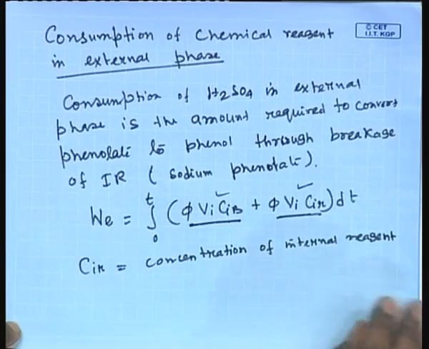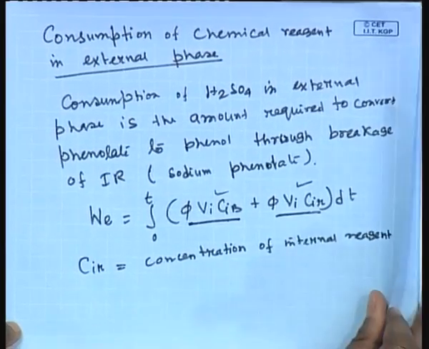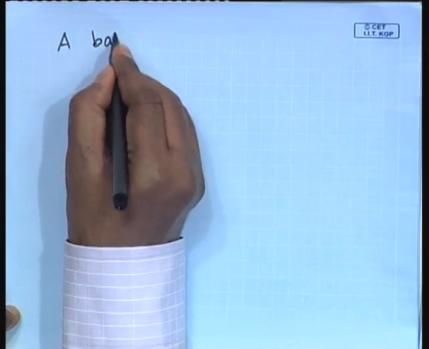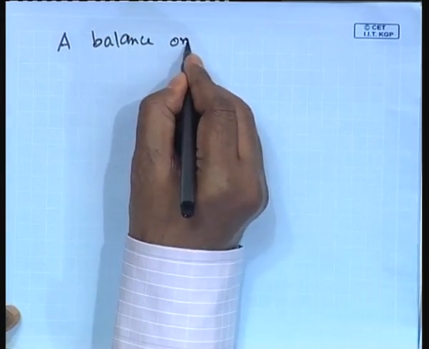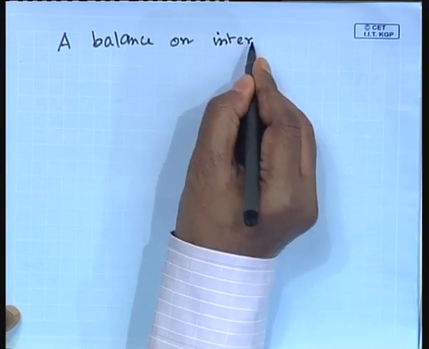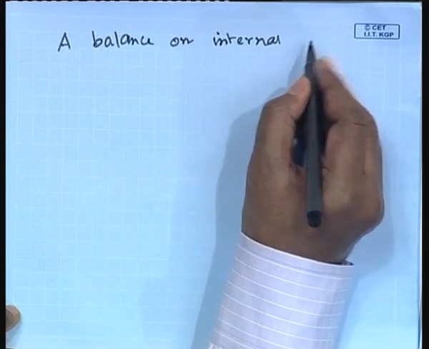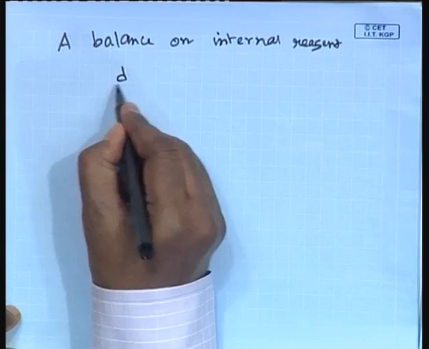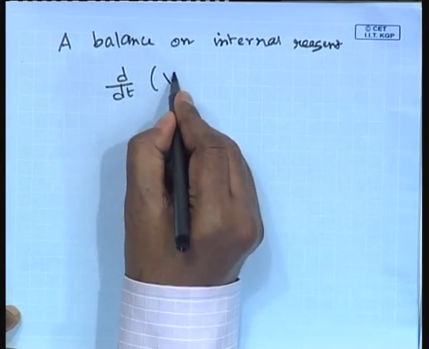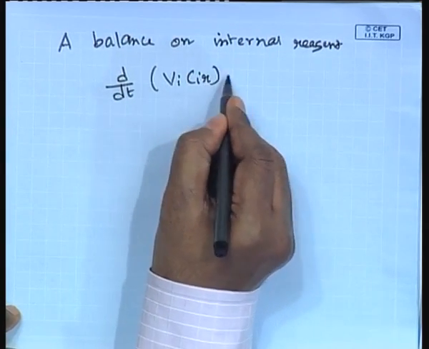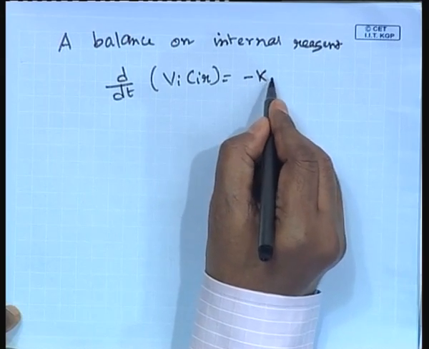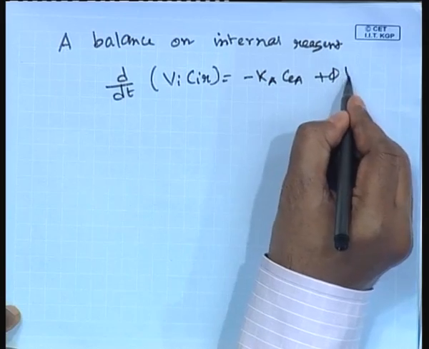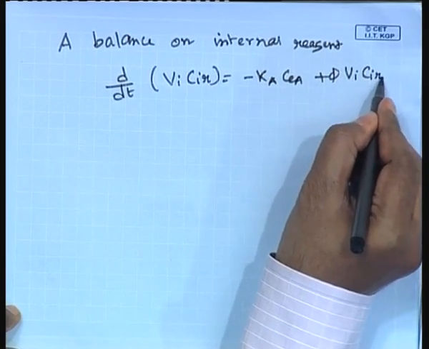Now, we can do a balance on the internal reagent. Balance on the internal reagent will give you this ordinary differential equation: d/dt of V_I C_IR is equal to minus k_a C_Ea plus phi V_I C_IR.